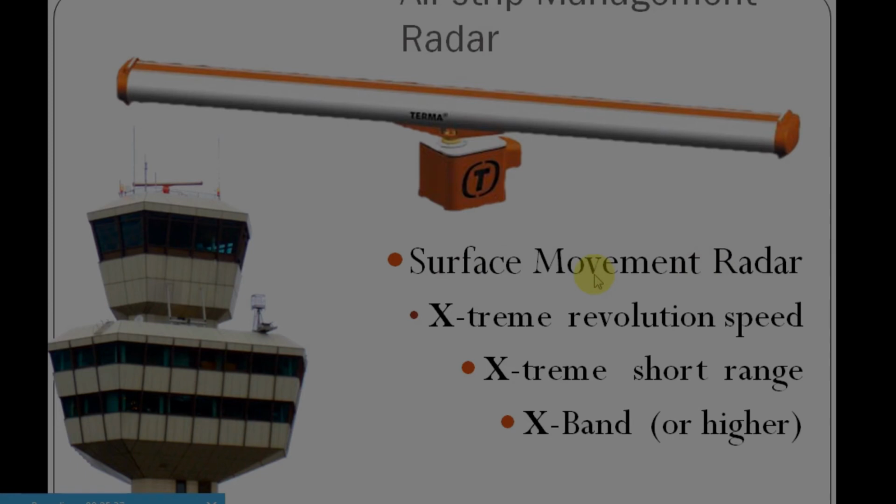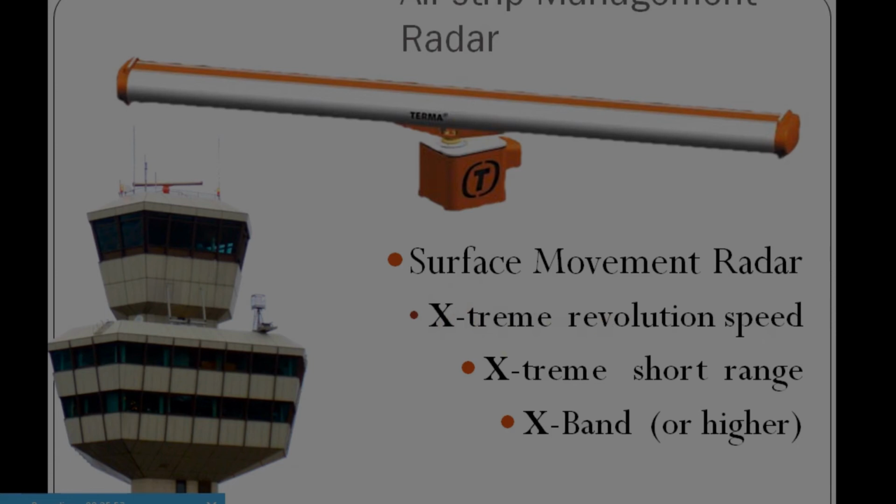Some are in parking mode, some have just landed. So at that time they require some radar to locate a particular aircraft. For such a purpose, these radars are used.